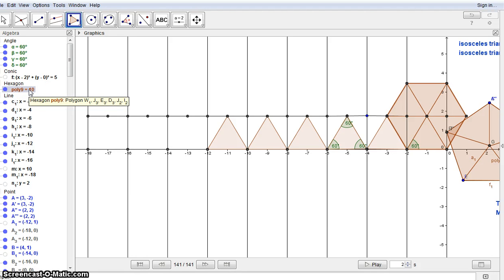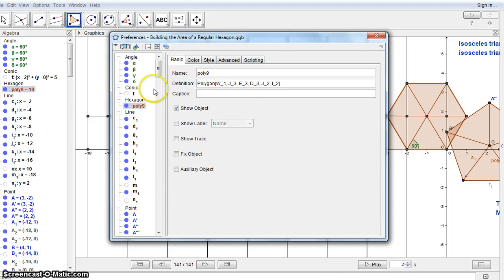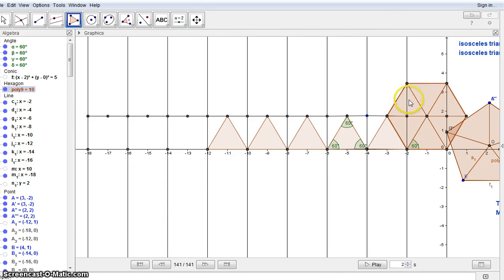Does this really have an area of 10? Maybe it does. 1, 2, 3.